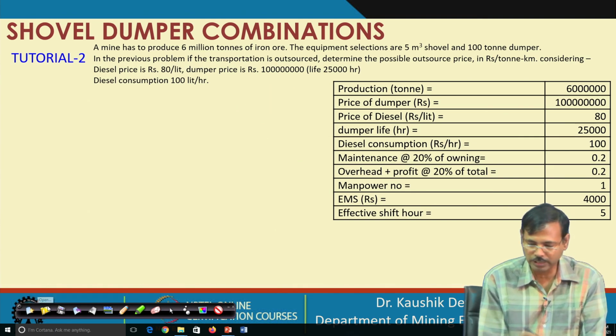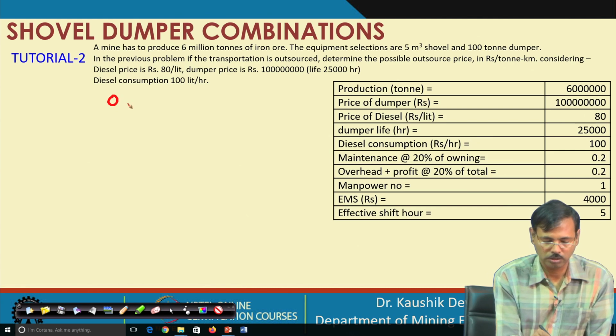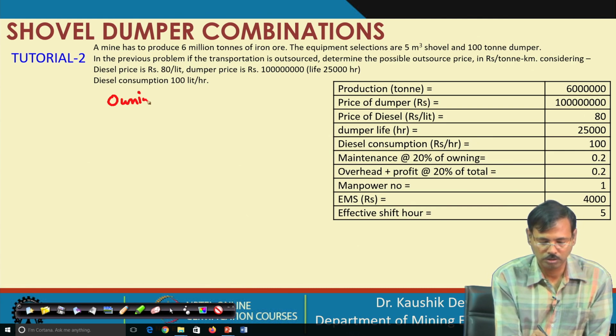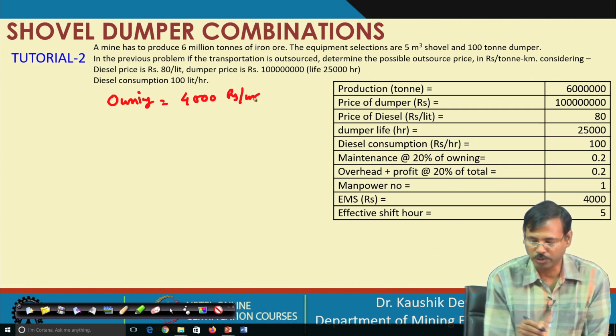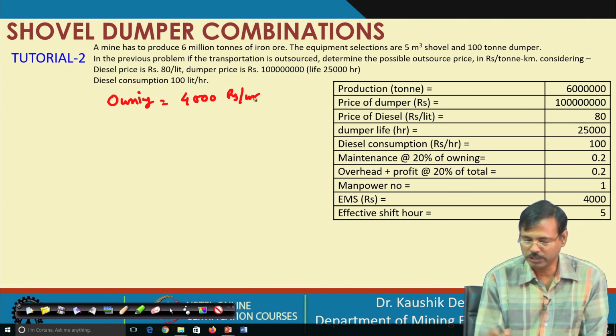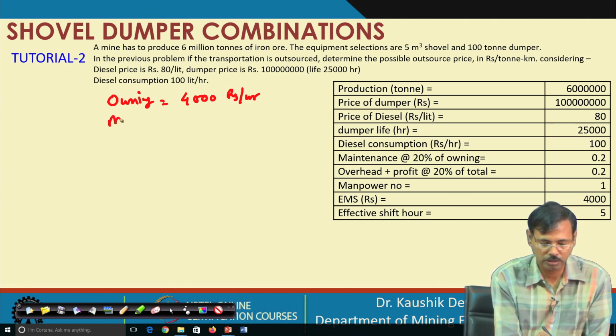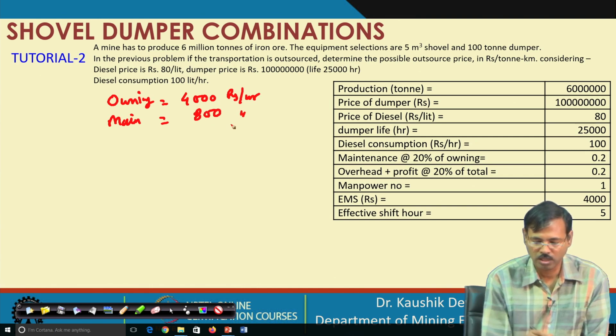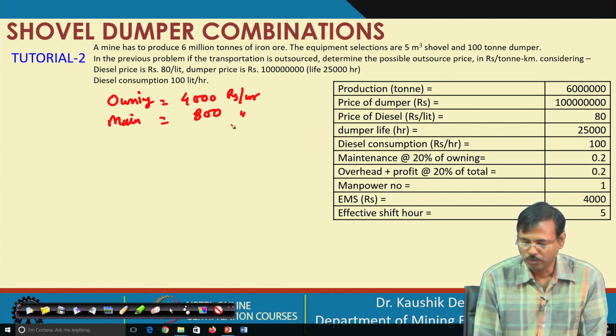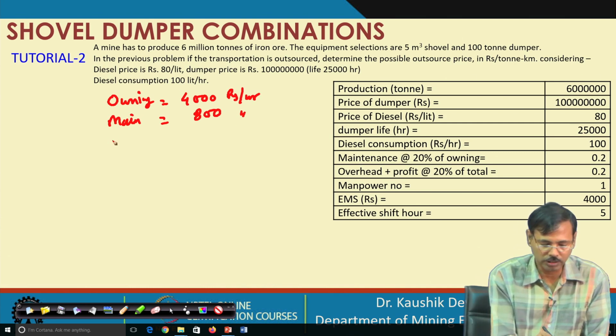So, let us directly write it. Owning cost: 4,000 rupees per hour. We have considered maintenance is 20% of that, so maintenance is 800 rupees. Then we have considered the diesel consumption.